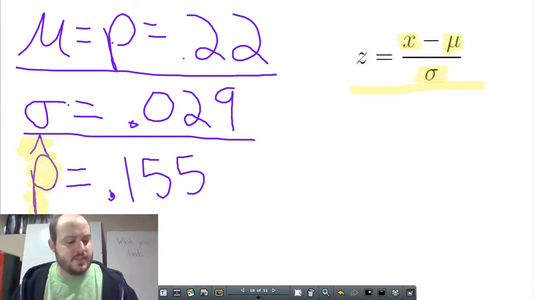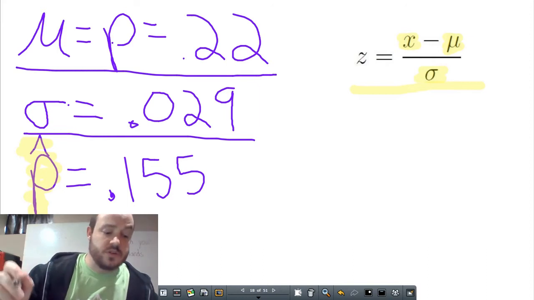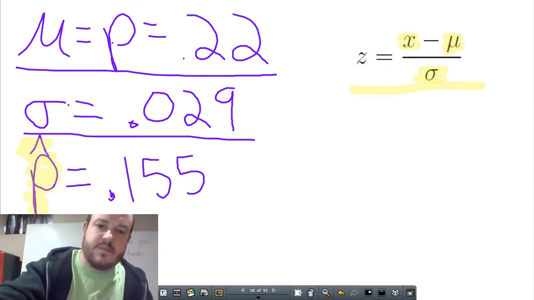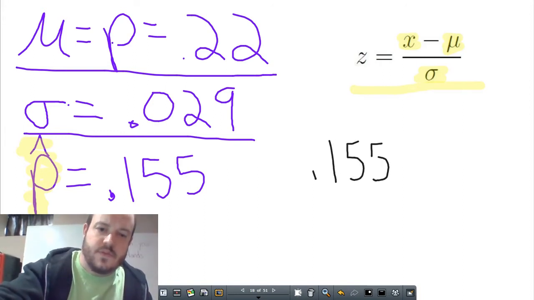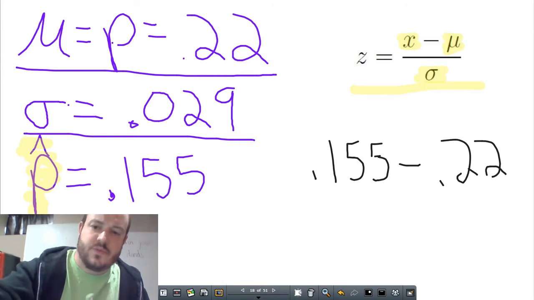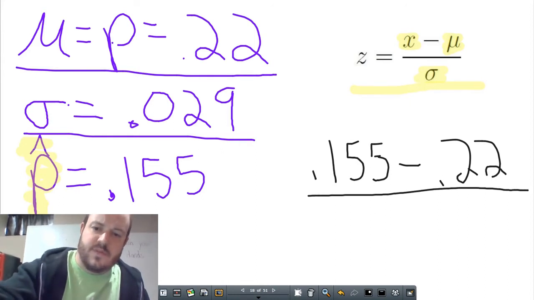We need to start with the sample statistic, which is 0.155. We will subtract our population mean of 0.22, and we will divide by our population standard deviation, which is 0.029.